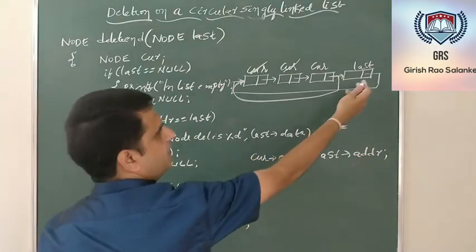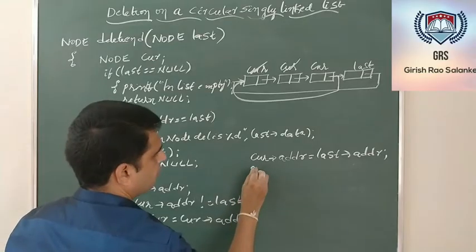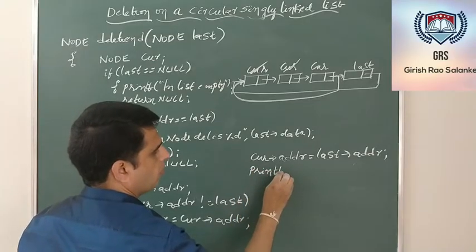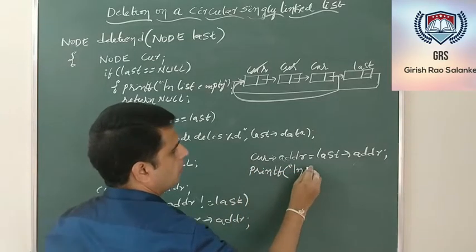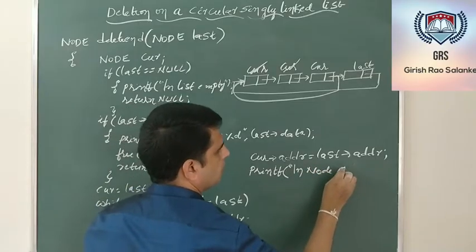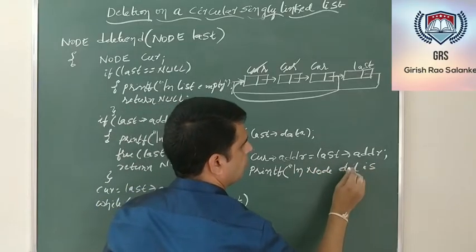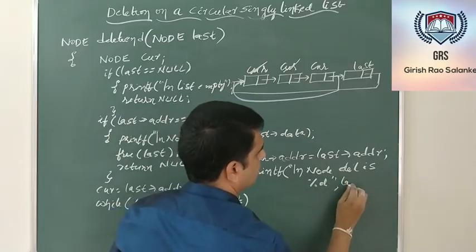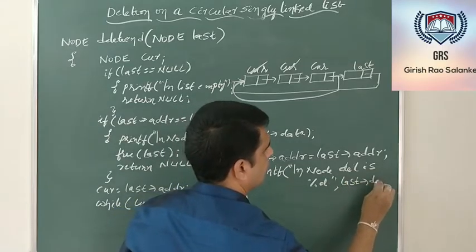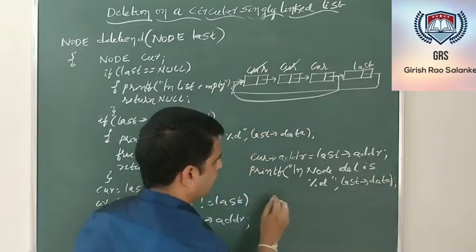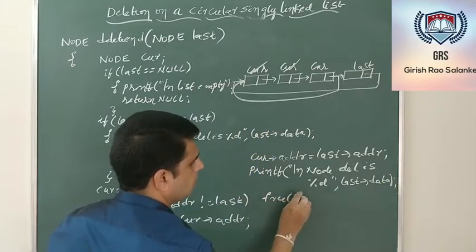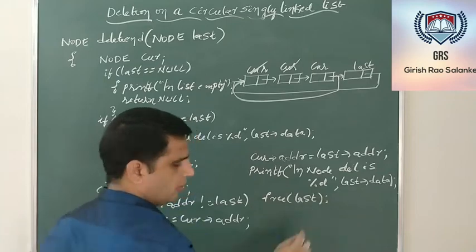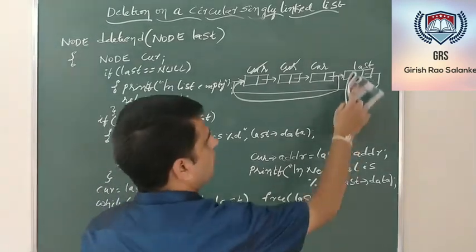Now you can directly delete the last node. Printf node deleted is %d, that is last of data. Free last, which means you have deallocated the memory for this.